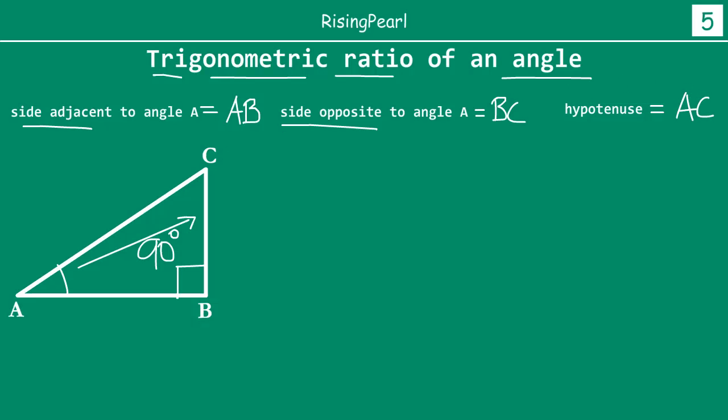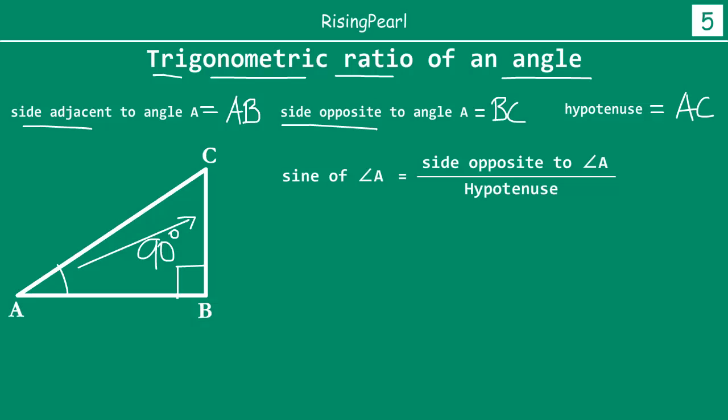Now let's write the trigonometric ratios for angle A. First is sine of angle A. Sine of angle A is defined as the ratio of the side opposite to angle A divided by the hypotenuse. The side opposite is BC.